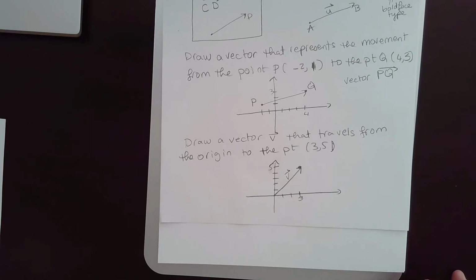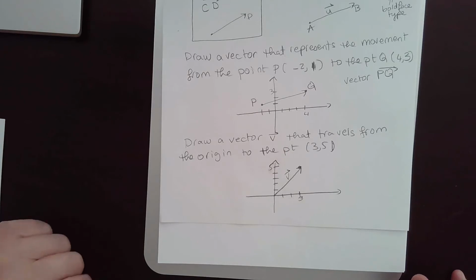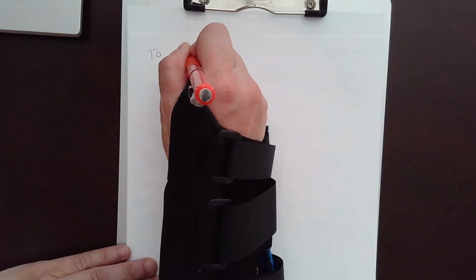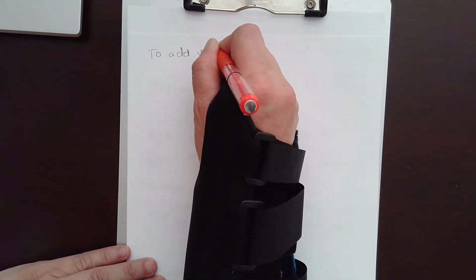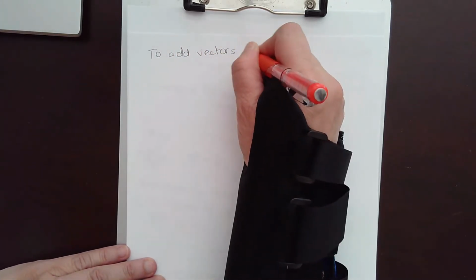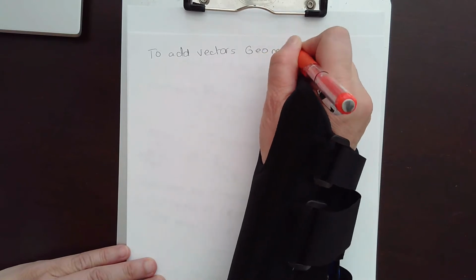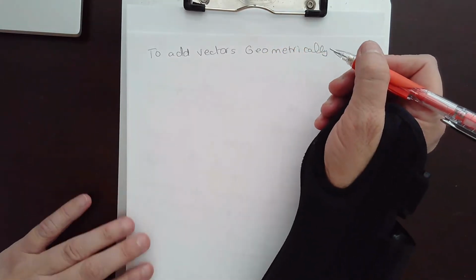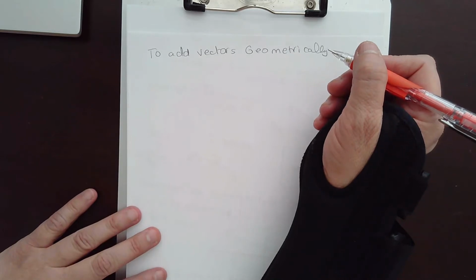Right? So I want to briefly talk about adding vectors. You can see it geometrically. So let's go ahead and do this. Now to add vectors geometrically, you want to draw a vector.